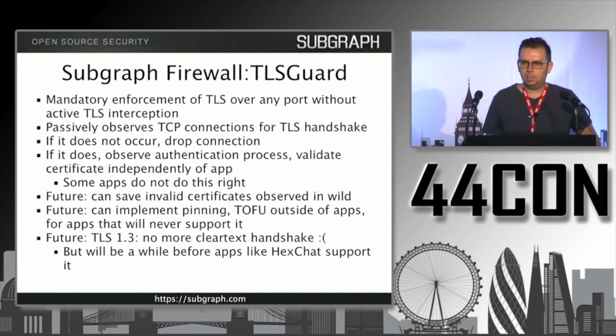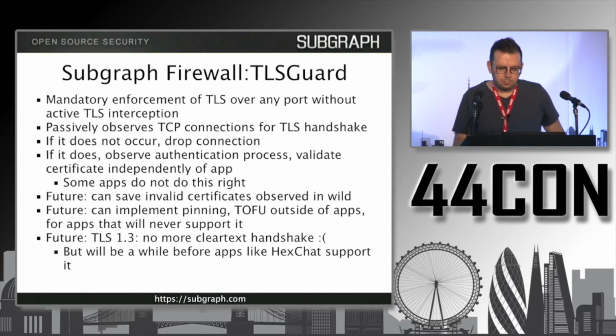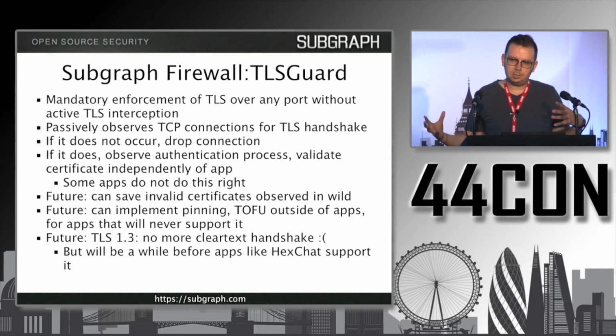What we do, and this is only in Subgraph Firewall, is we observe the TLS handshake. First of all, if there's no magic byte that says this is TLS, we drop it immediately if that's the policy. And further, the firewall daemon continues to observe the handshake, grabs the server certificate, and validates it independently of the application, because some applications maybe don't do a good job of validating certificates.